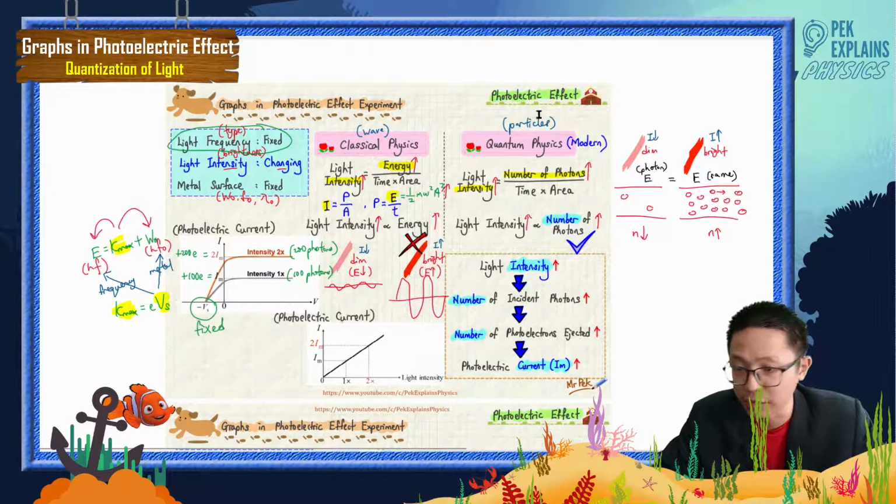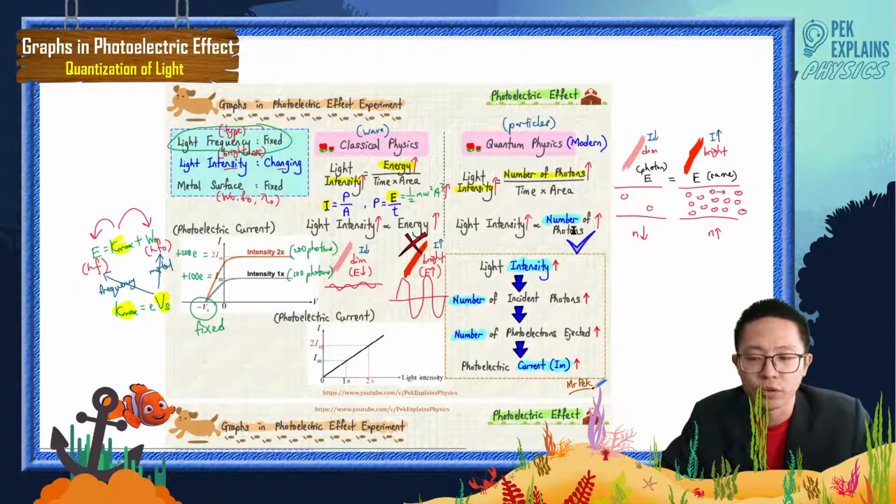But in the photoelectric effect, the stopping potential is fixed, which means the intensity does not change the energy. Intensity only changes the saturation current. Intensity is about the number of photons.